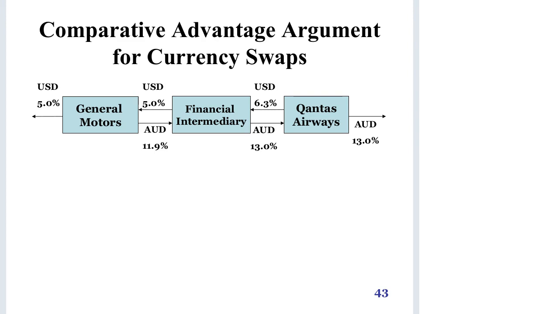His net income is 1.3% minus 1.1%, so net income is 0.2%. Now if you add it up, 0.7% to General Motors, 0.2% to the intermediary, 0.7% to Qantas, this adds up to 1.6%, which is the benefit that you were getting.